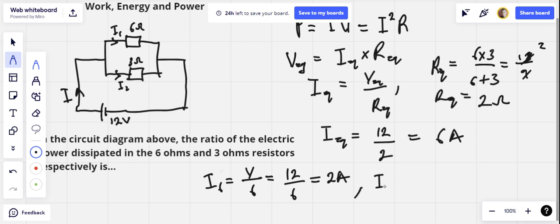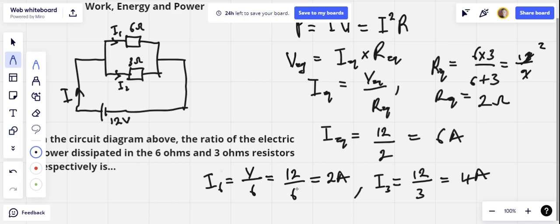And the current I2, or you say current I3, through the 3 ohm resistor will be the voltage across this parallel connection, which is 12, divided by the value of the resistance 3. That will give us 4. 3 divided into 12, 4 amps.